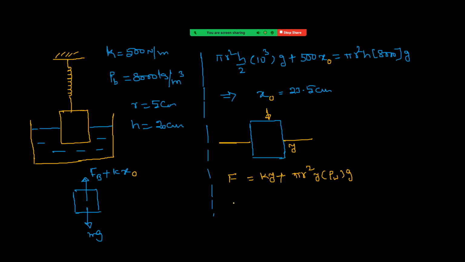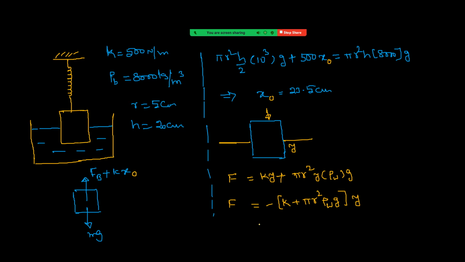So if you want to write it in vector form, F equals minus (k plus πr² times density of water times g) times y. The minus sign means that if y is a displacement, the displacement is down, but the force is upwards. That's why we take a negative sign.